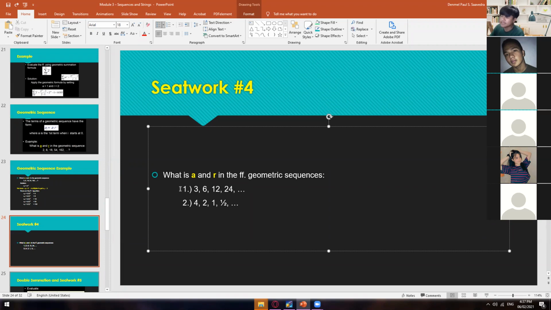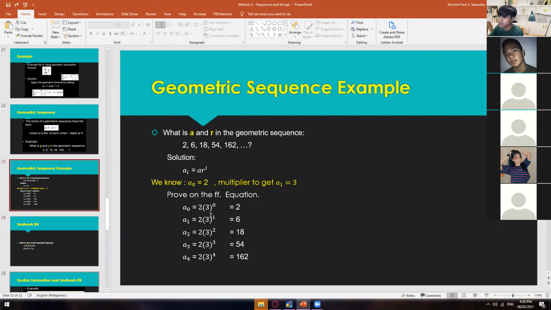So identify the value of A and then R. And then just show the formula and the proving solutions, just like this one, for you to prove that the R here is really, let's say 3, 4, or 5, depending on your proving equation.